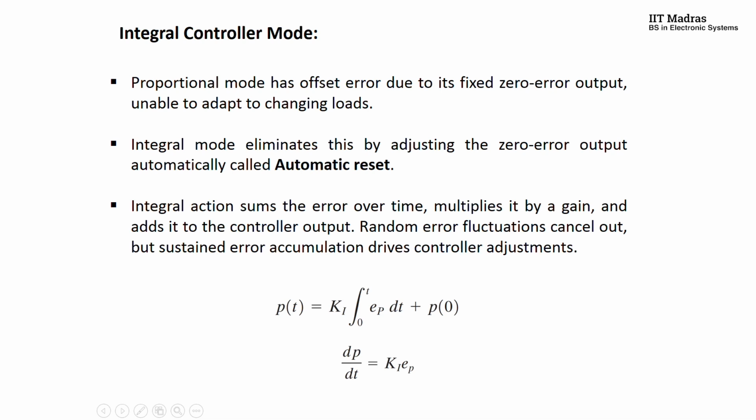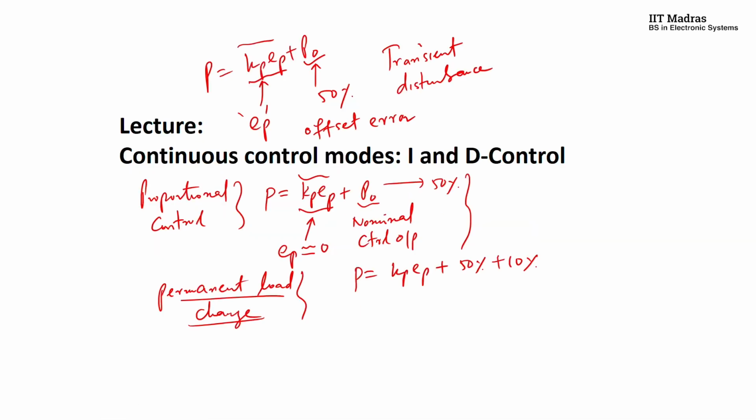In such a case, the zero error condition has a new P naught value. The new value of P naught for the error to be 0 is 60%, as we did in the last example.